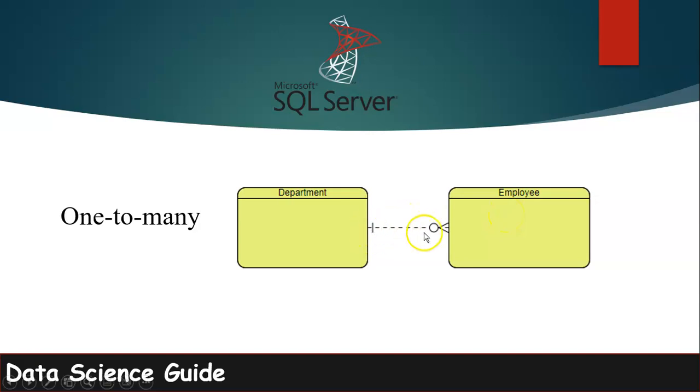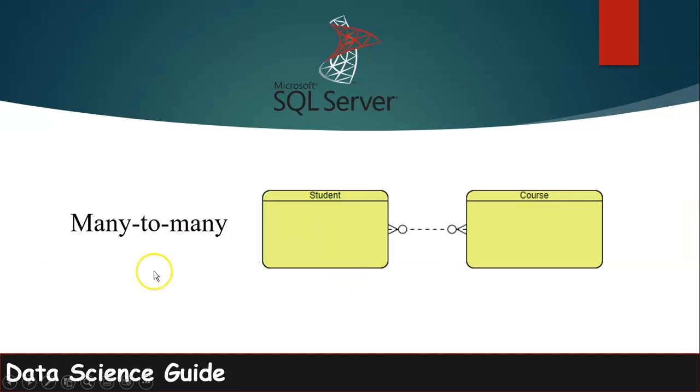So that's why on this side you can see this crow's foot. However, on the other side, an employee belongs to only one department. That's why we see this line, this dash. That means it's one. So this is an example of a one-to-many relationship.